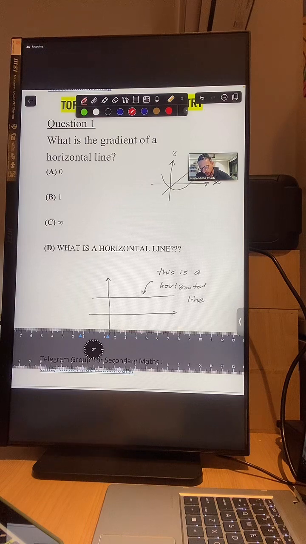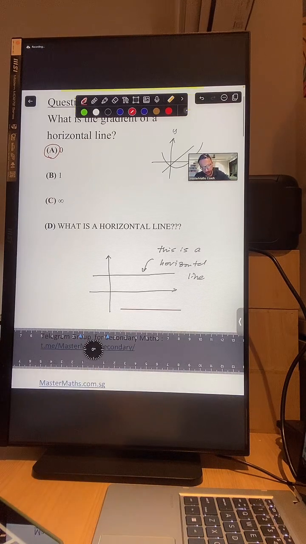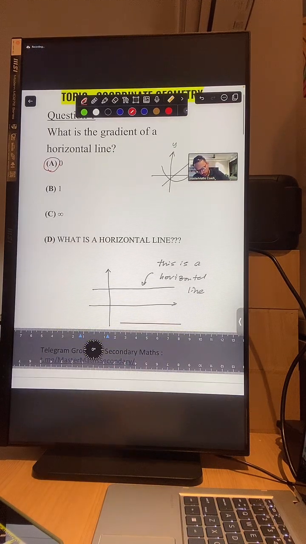It's A, 0. Now, what then is a line that has a gradient of 1? If you have a line that has a gradient of 1, what kind of line is that? Anybody would like to try? So what line is this?